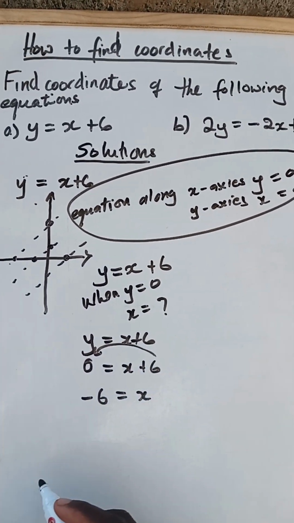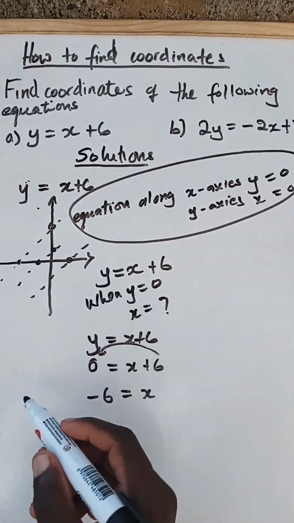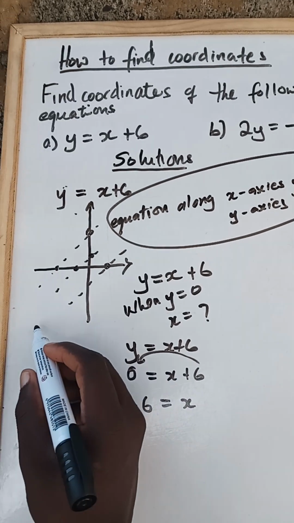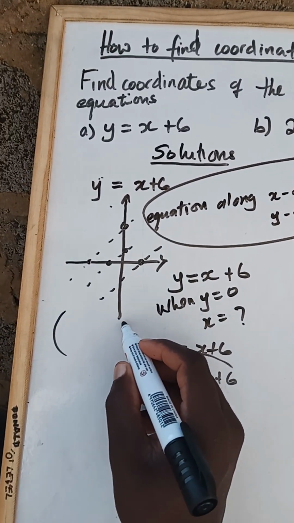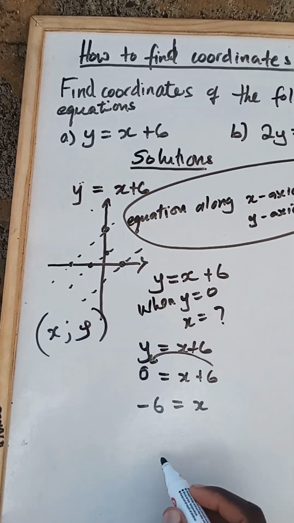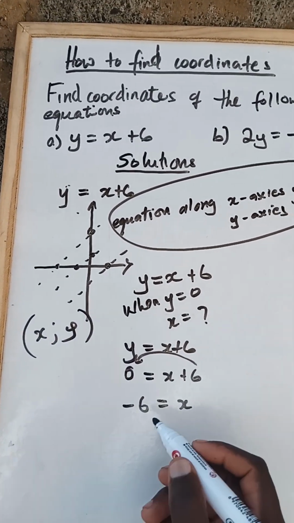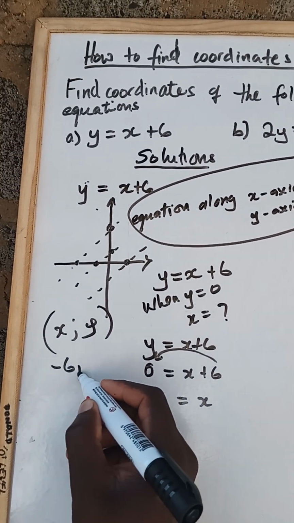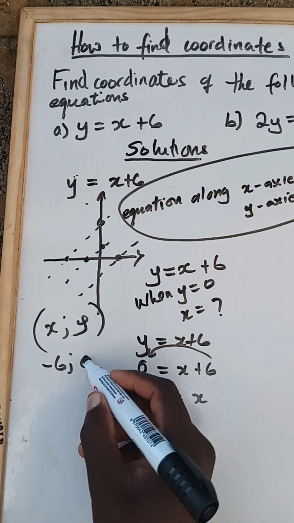Okay, now we have our first coordinate. Remember, coordinates are written in this form. We have to start by writing x, then y. In this form, our x is minus 6. Our y is 0.